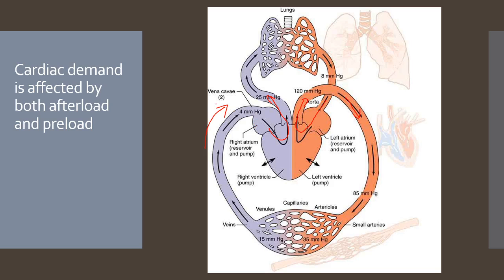One is if there's too much blood coming in and it's not able to clear it. So this is what we call the preload. Alternatively, it might also be affected by having too much of a resistance here, causing a back pressure. And this is called the afterload.